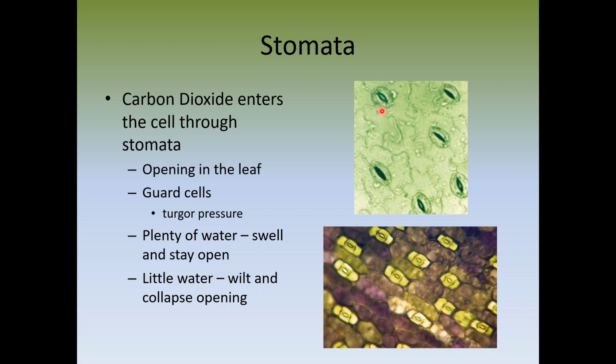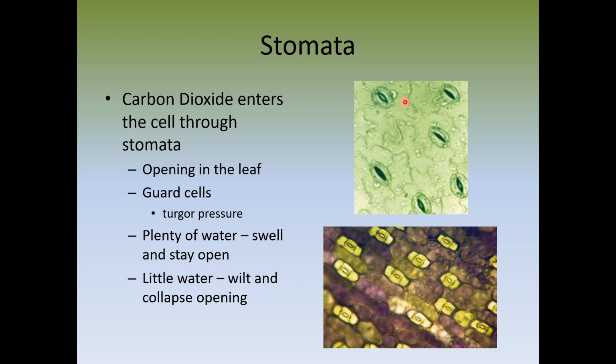When the guard cells are full of water, they swell up and open up, and there's a hole that goes into the inside of the leaf. And carbon dioxide will go in there. When there's plenty of water in the leaf, these guard cells are open, but they're losing a lot of water through that little hole.